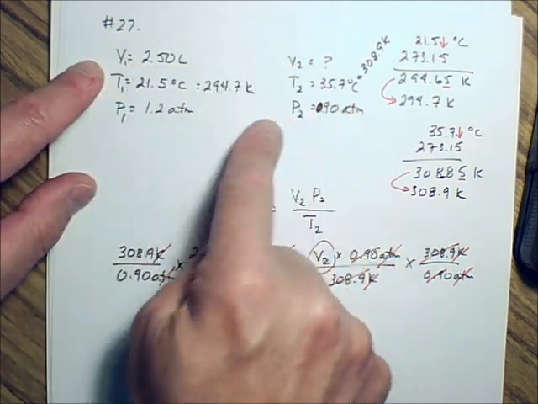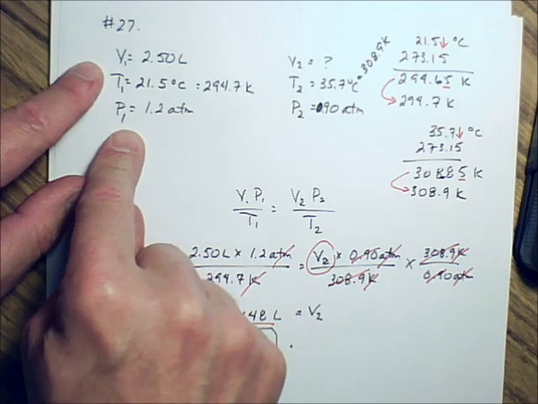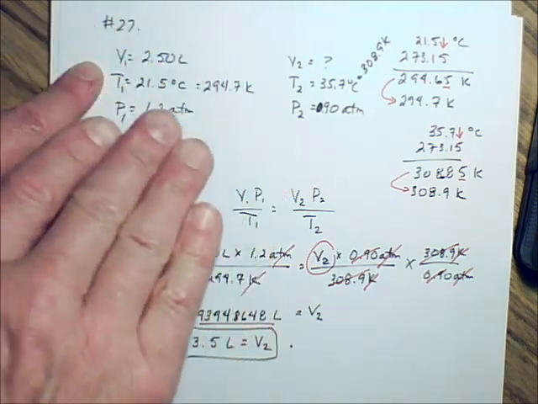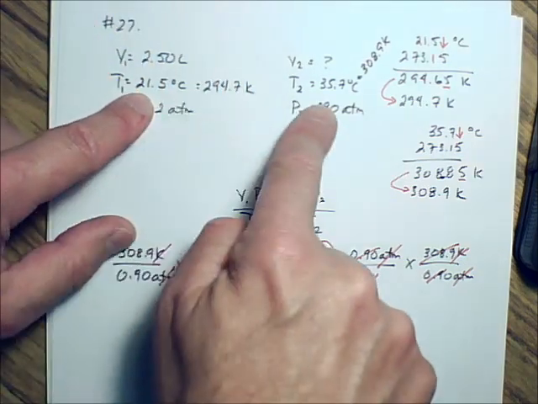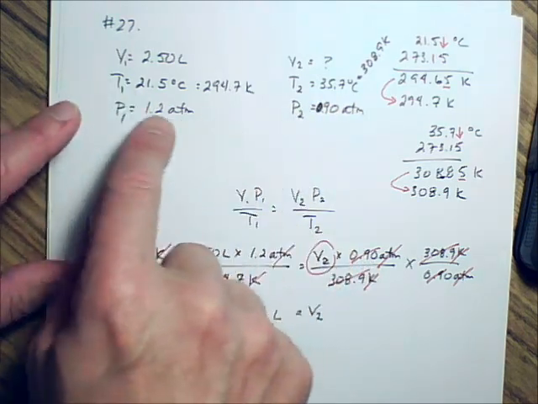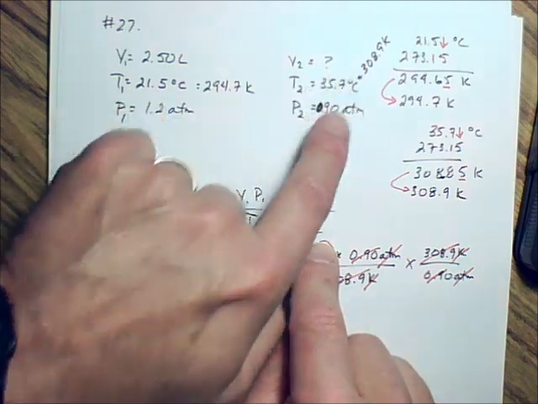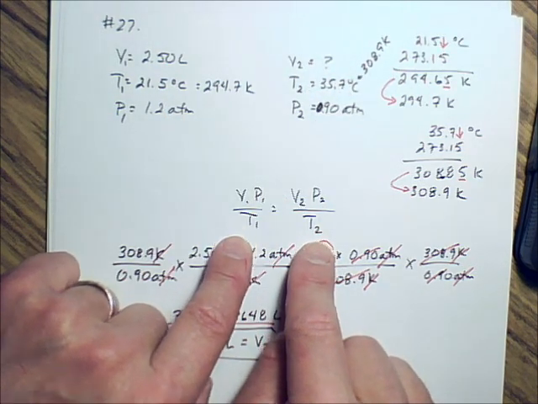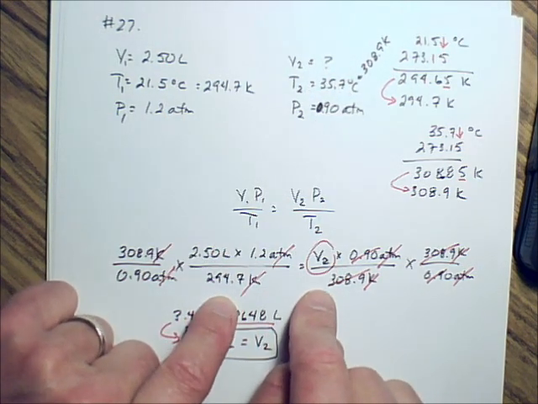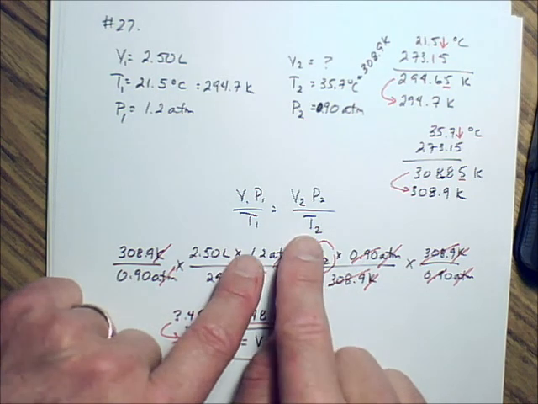First thing you do is list all your knowns and unknowns. Now, kind of an aside or sub part of that is you got to make sure your temperature's in Kelvin. Okay? After you write all your knowns and unknowns, then you write down the equation that fits those. Then you go to plugging in the values that you know.